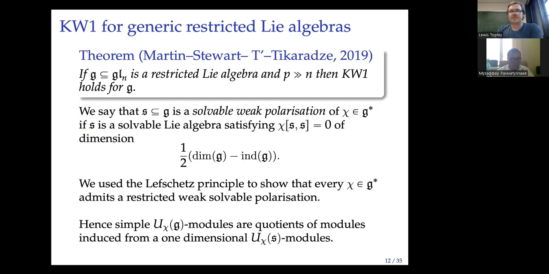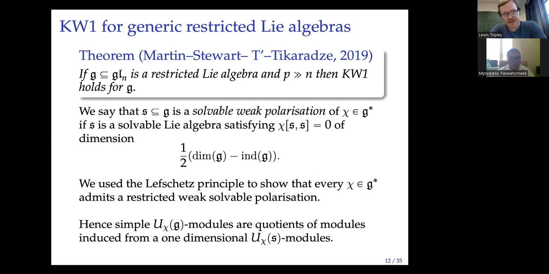Now I'll talk about a positive result towards this conjecture. So if you take G to be a restricted Lie algebra with a characteristic much larger than n, then it turns out that the KW1 does hold for G. So this is, I suppose, a very strong positive result. I have to say that the proof was much easier than it might seem.